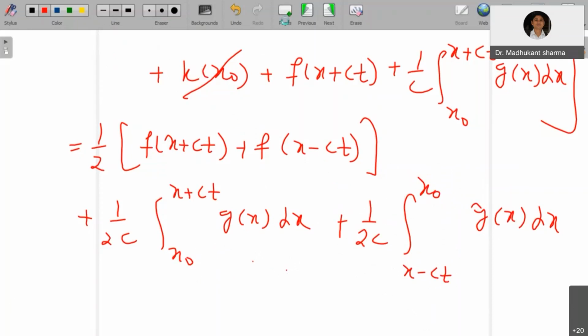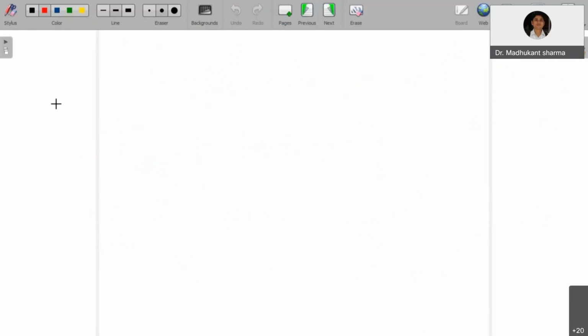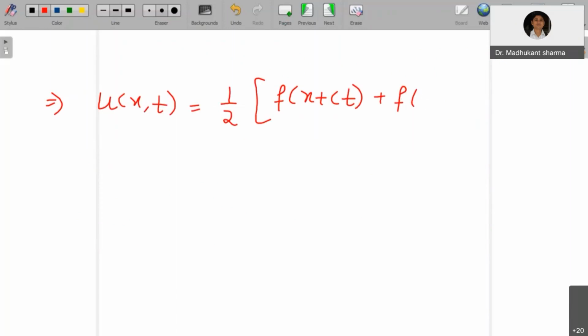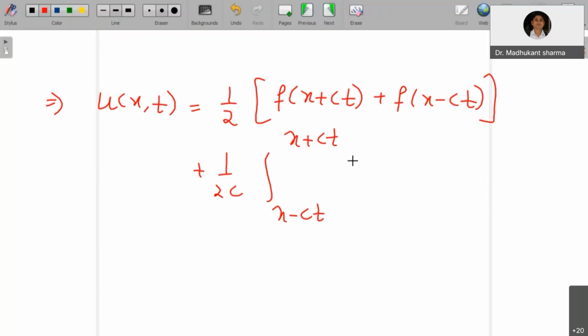So finally what you will have is u of x comma t is equal to 1 by 2 times f of x plus ct plus f of x minus ct, plus 1 by 2c integration x minus ct to x plus ct g of x dx. So this will be the final solution.